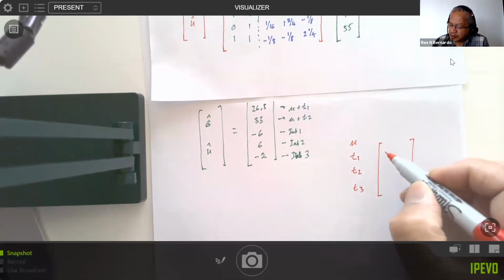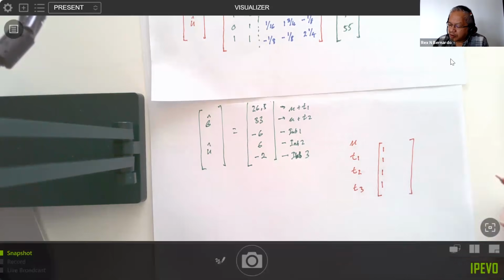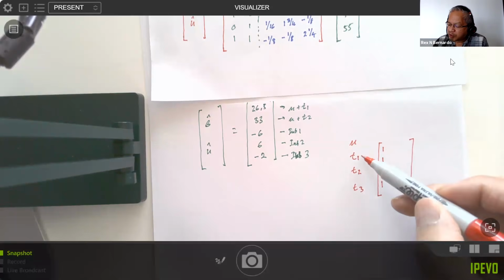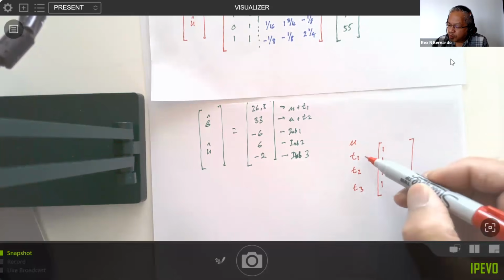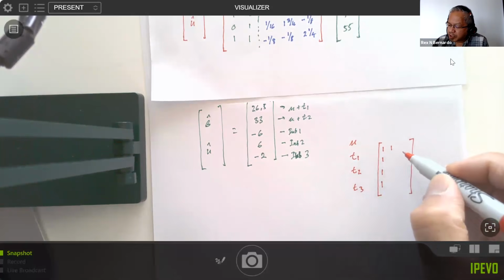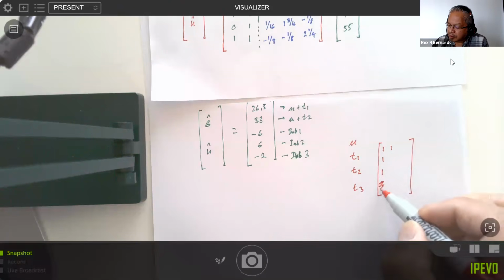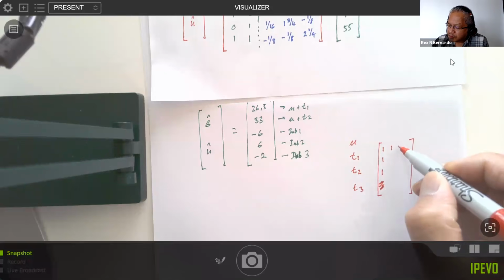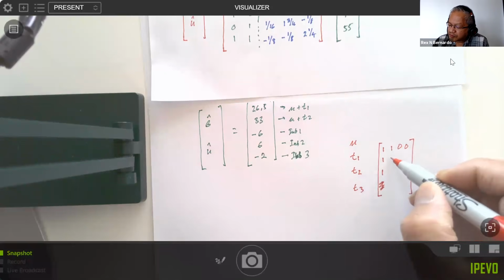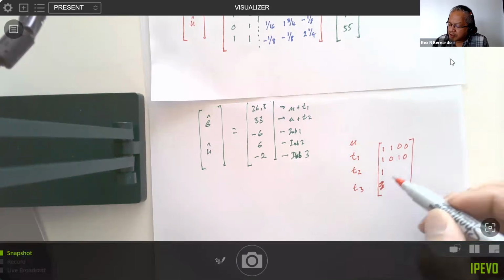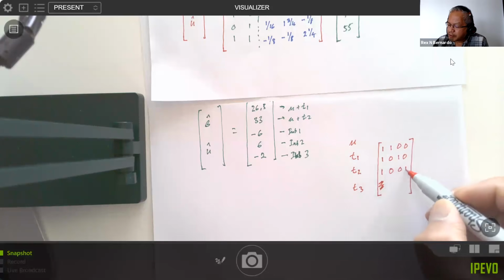We fit the mean for each observation. Let's say we have only one observation for each. This is the mean, and then T1, 1, 0, 0. The second observation would be for T2, so 0, 1, 0. And the third observation would be for T3, 0, 0, 1.